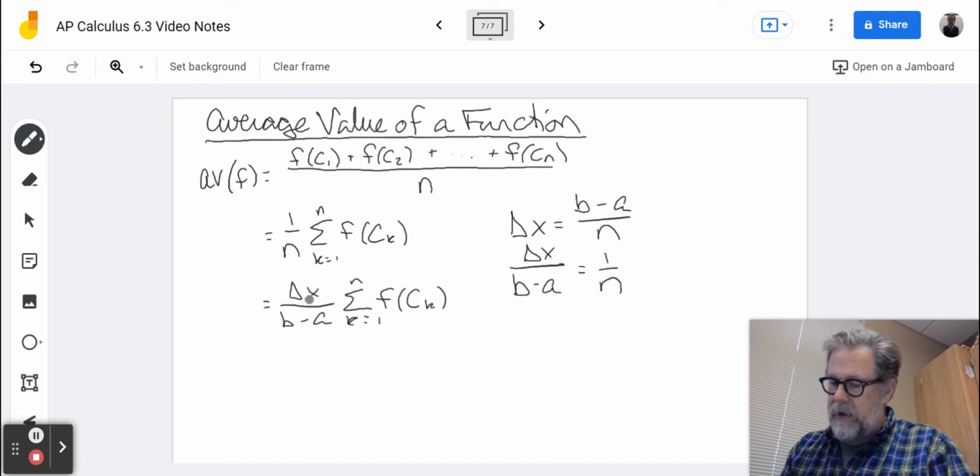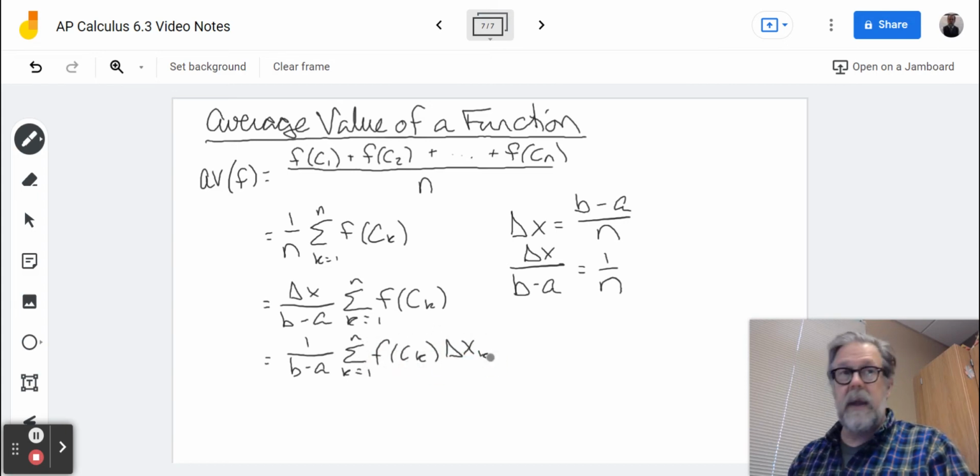And moving that delta x off to the end of the equation, I get 1 over b minus a times the sum from k equals 1 to n of f of c sub k delta x sub k. And I can add the sub k because we're talking about the width of each rectangle.